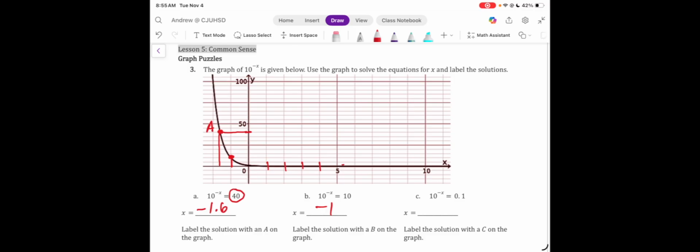It's hard to tell if it's 1 or 2 or 3 or 4 or 5. We're going to put 1, because you can work the problem backward, and 10 to the negative 1 is 1/10. So that would be here.